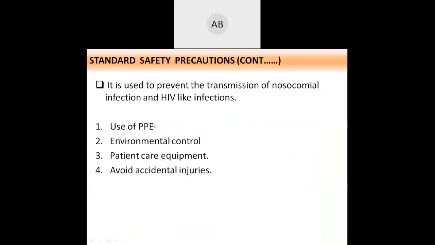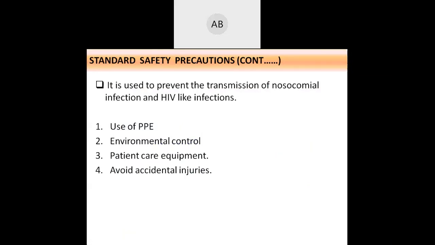Standard safety precautions are used to prevent the transmission of HIV infection, hepatitis B infection, or even nosocomial infections. I have already dealt with these standard safety precautions in the first unit, under infection.